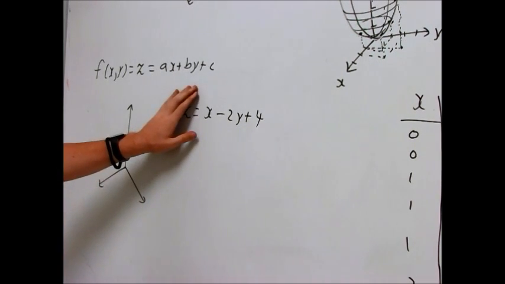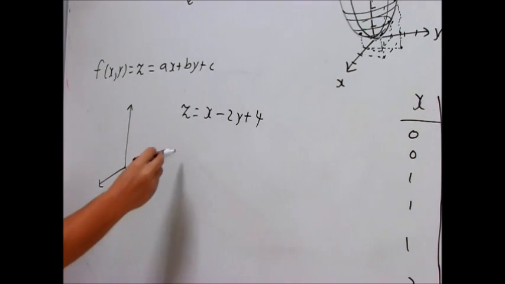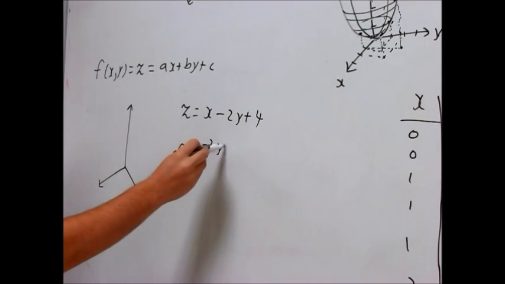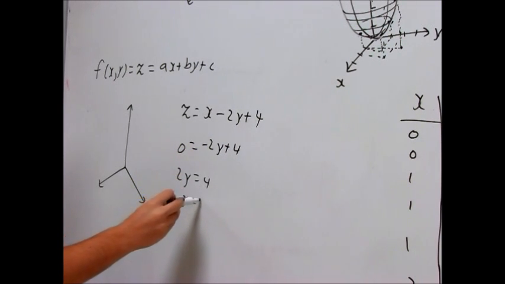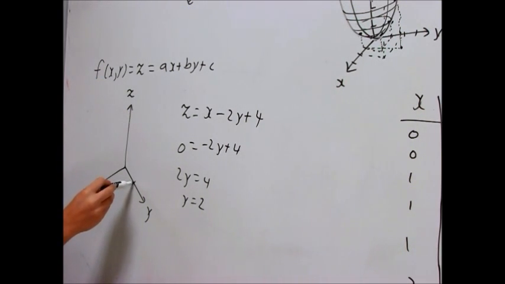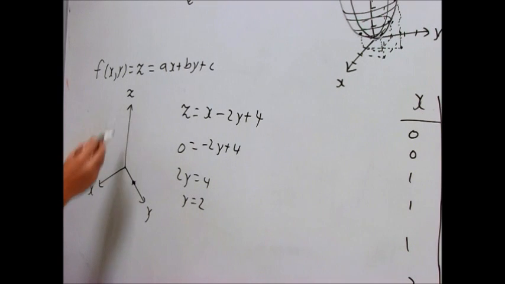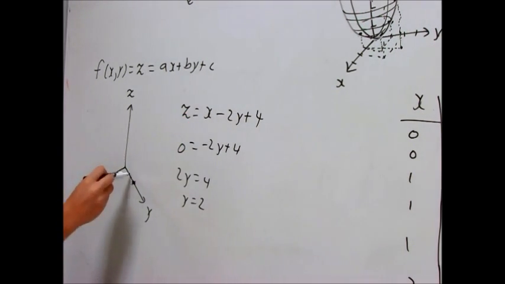So when z equals 0 and x equals 0, for example, we get y equals 2. So this is y, this is x. We get y equals 2, so here's 2. There's a point when x and z are both 0. If we make x and y both 0, we just get z equals 4.